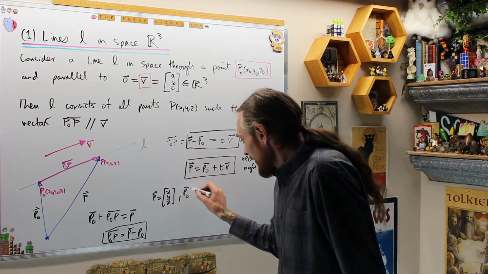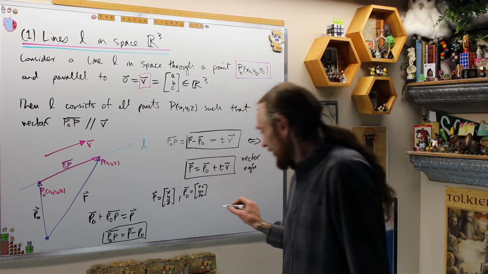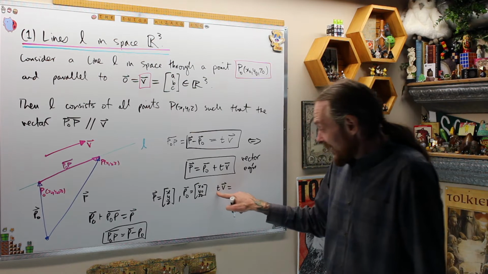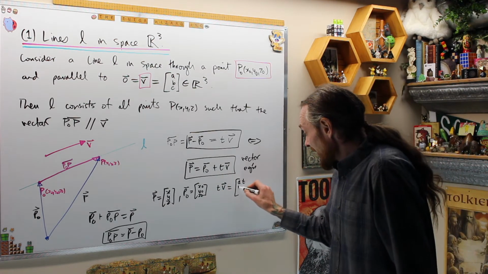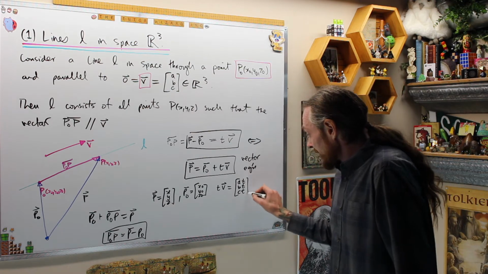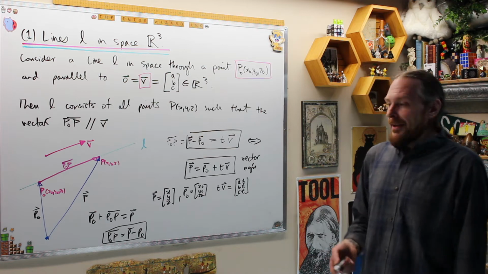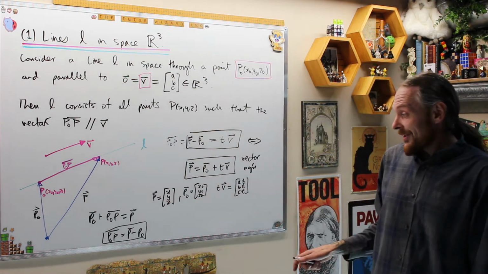P naught is equal to x naught, y naught, z naught, which is fixed. And we know that t times v is scalar multiplication, so it goes onto each coordinate. That is going to be at, bt, ct. Now what do I do with that? This is going to give me what?